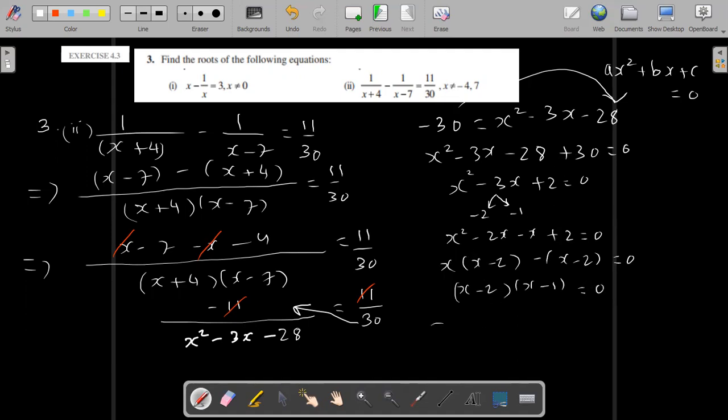Equating each to 0, so we get x is equal to 1 or 2. 1 and 2 are the roots of the given equation.